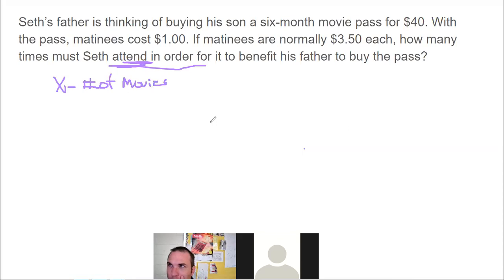So I think in order for this to be, I would want to see how much the savings is, my first thought. So my savings is $2.50 per movie. And again, I haven't looked at these in advance. So you save $2.50 per movie.